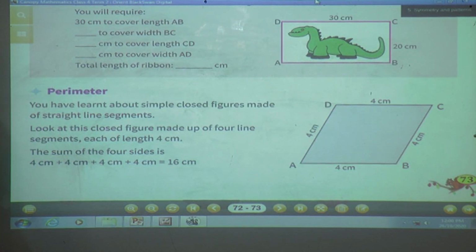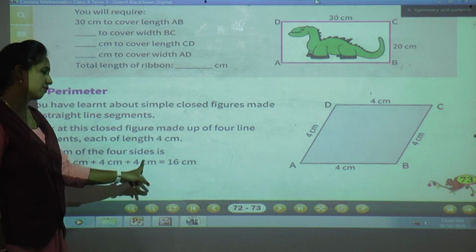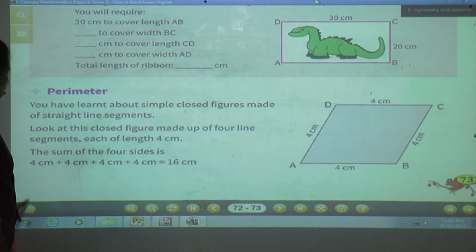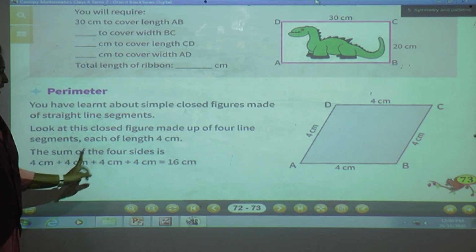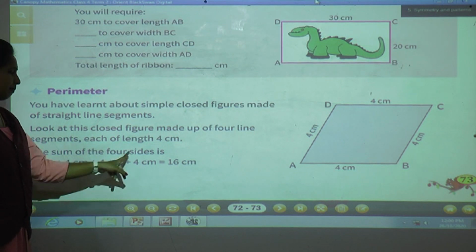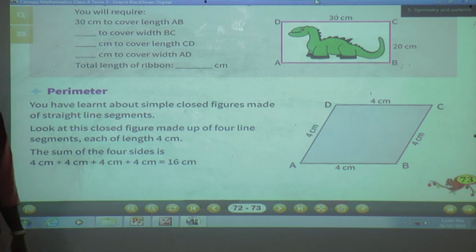The sum of the 4 sides is, when we add the 4 sides together, 4 centimeter plus 4 centimeter plus 4 centimeter plus 4 centimeter is equal to 4 plus 4, 8. 8 plus 4, 12. 12 plus 4 is 16. So the sum of the 4 sides is equal to 16 centimeter.